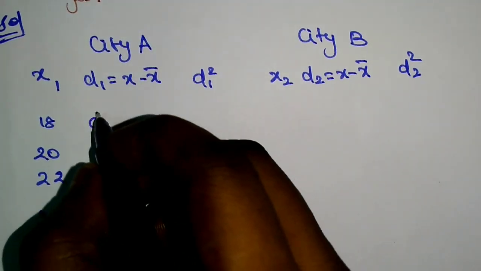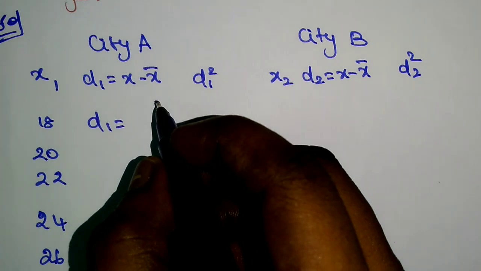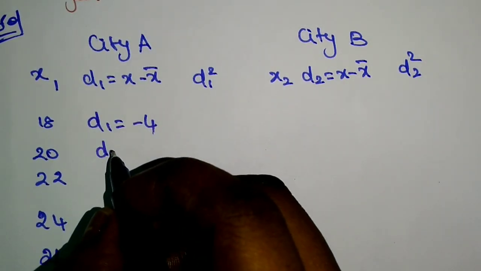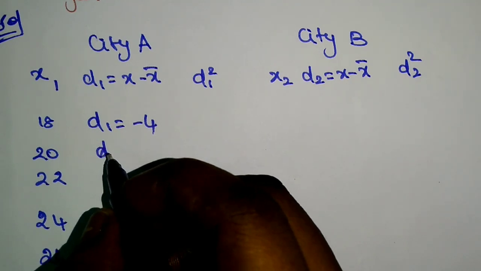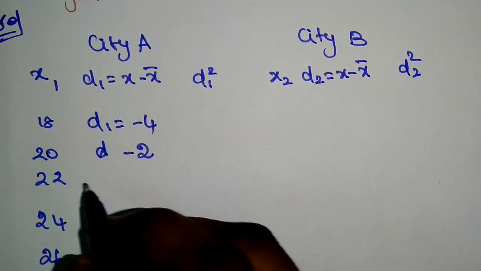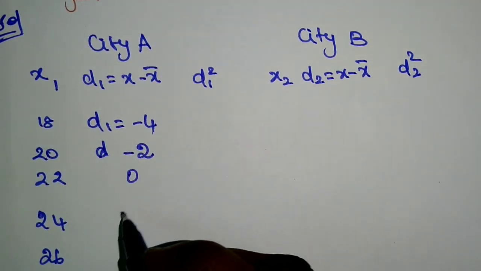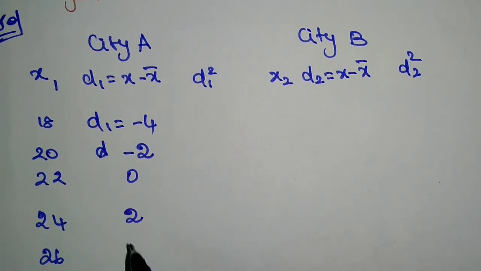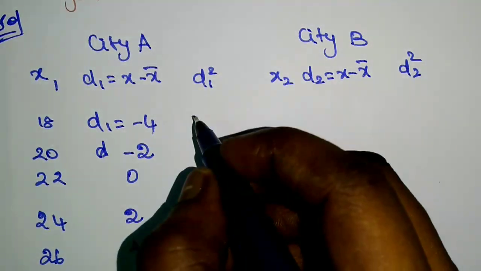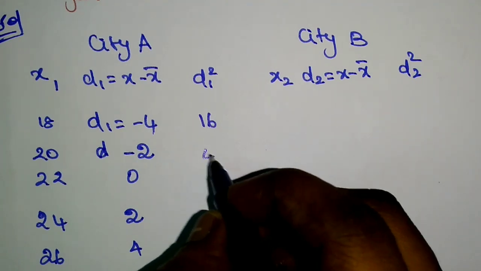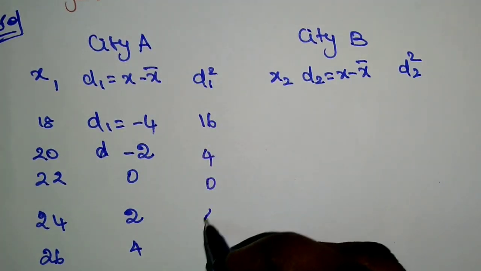So d1 is 18 minus 22, we get minus 4; 20 minus 22, minus 2; 22 minus 22, 0; 24 minus 22, 2; and 26 minus 22, we get 4. Now square: minus 4 square is 16, minus 2 square is 4, 0 square is 0, 2 square is 4, 4 square is 16.